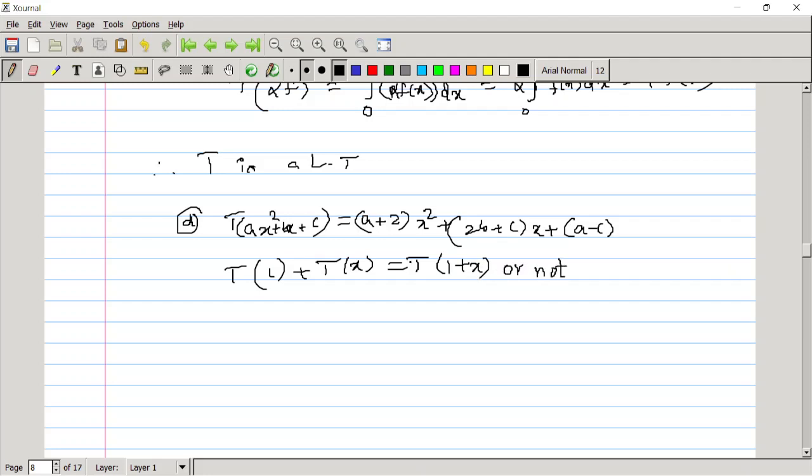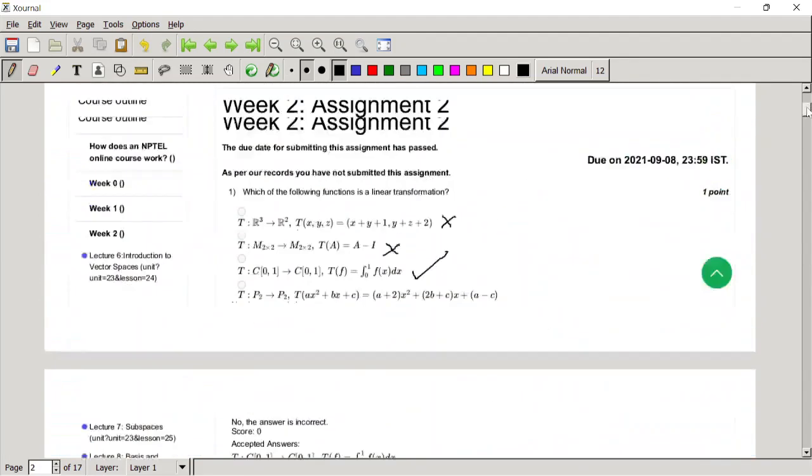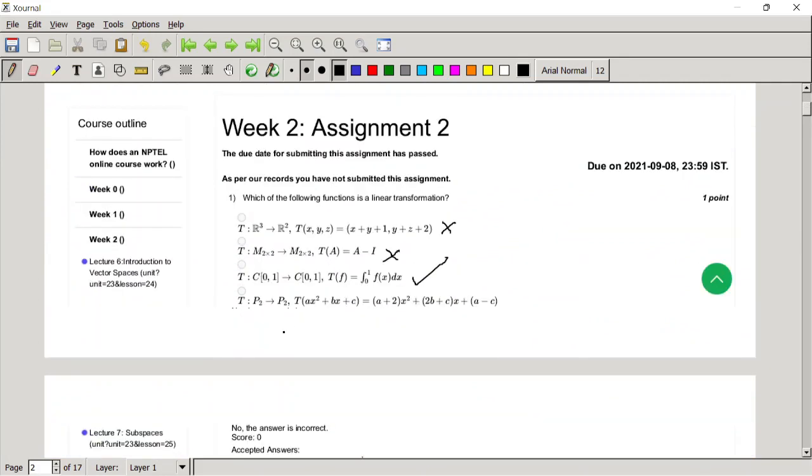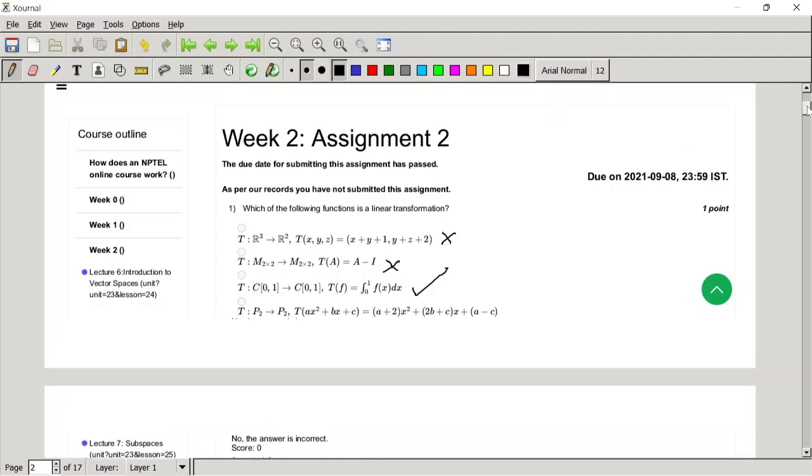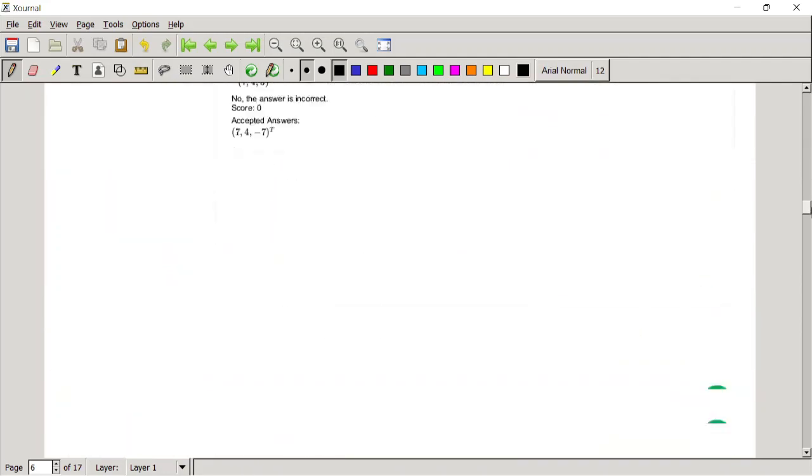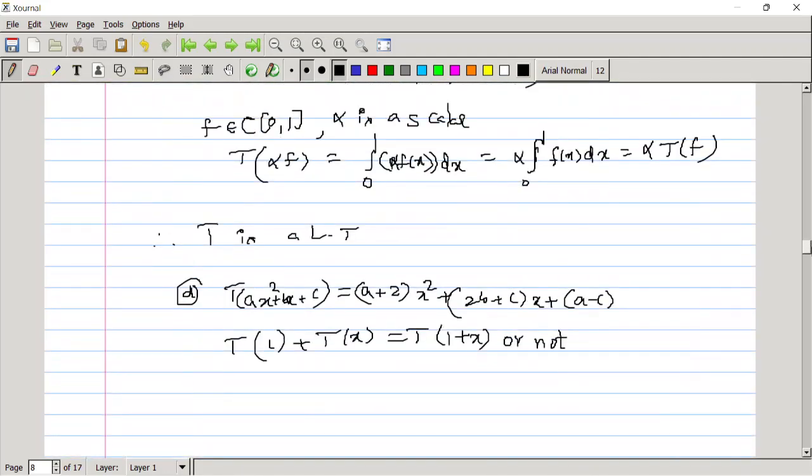Why am I doing this? Because the vector space given in the option is P2, that means polynomials of degree at most 2. For this vector space we have a standard basis: 1, x and x square. I'm just checking for the first two elements, 1 and x. You can take any other two elements also.